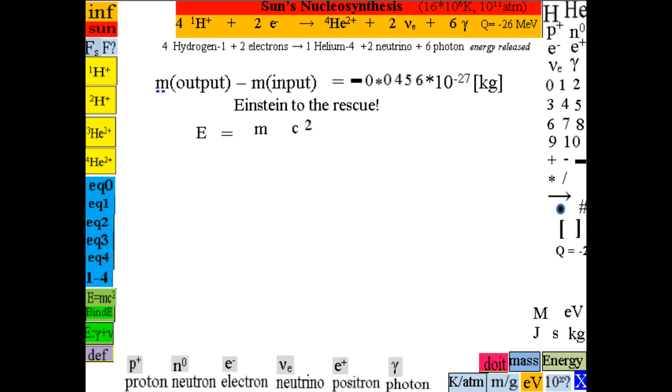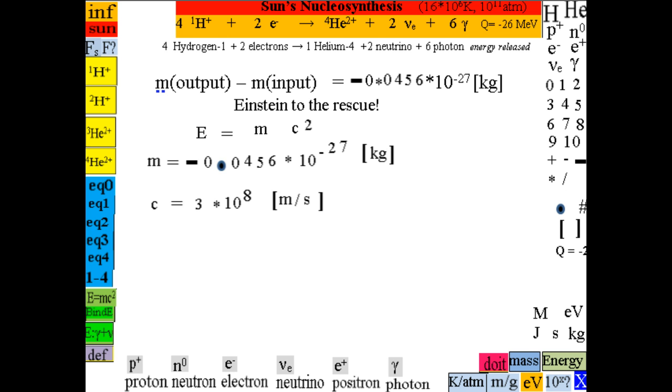For m, you have to put into this equation minus 0.0456 multiplied by 10 to the power of minus 27 kilogram. Of course, you know that c is the speed of light, which is equal to 3 multiplied by 10 to the power of 8 meter per second. And please do not confuse this m for mass with this m in square bracket for meter. This is a unit and this is mass.